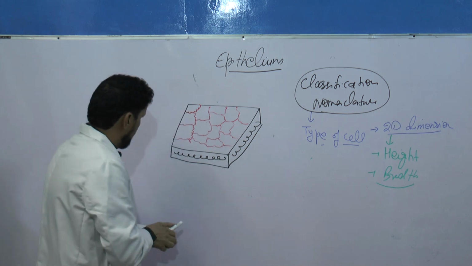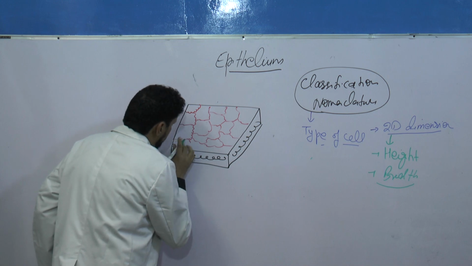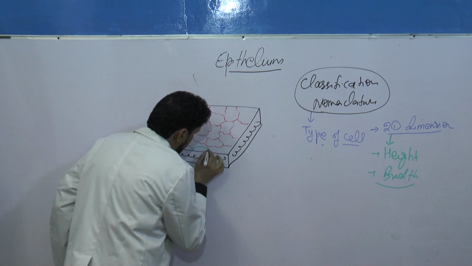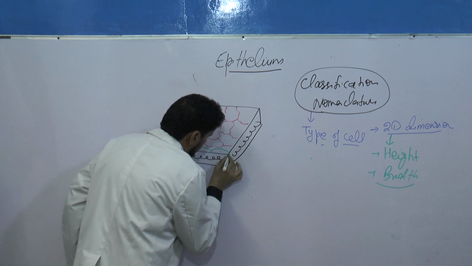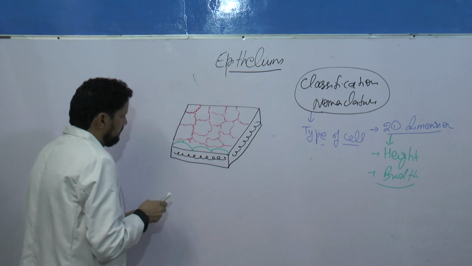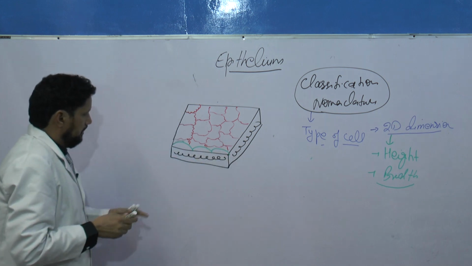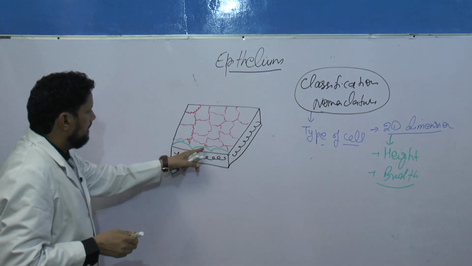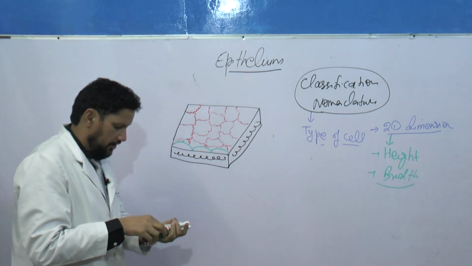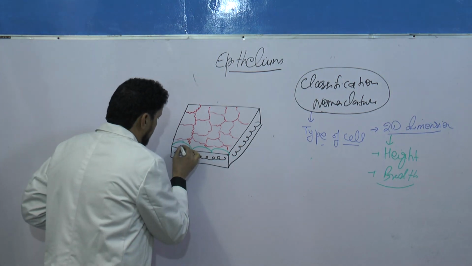But from this side, what we see here, these cells are flat, and these are the nuclei of the cells.